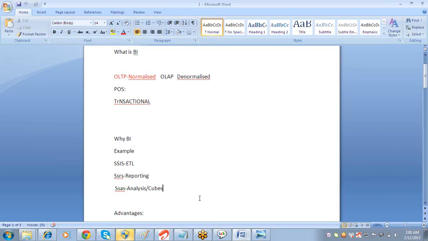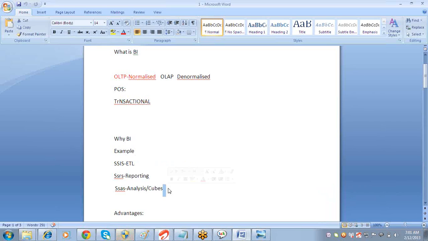For this analysis, the main thing required is consolidated data. This consolidated data comes from ETL into the data warehouse. Later on, SSRS is the reporting tool which we use to present to the business owner in a readable format. And later on, we also have cubes.